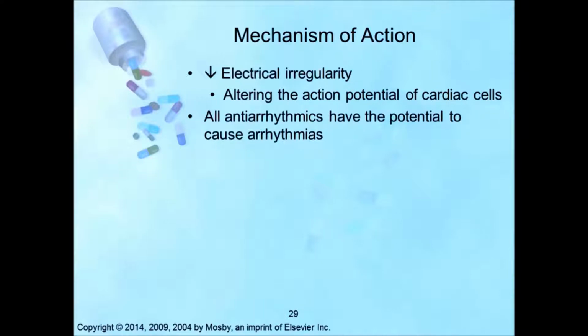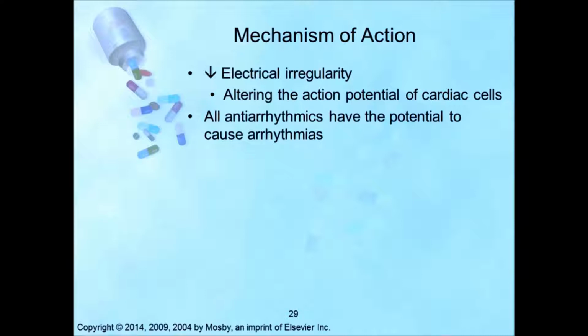Again, all antiarrhythmics have the potential to cause arrhythmias. The Class 1A drugs depress rapid depolarization or phase 0 of the action potential. Class 1B drugs exert less effect on sodium channels at rest but are more prominent during depolarization. So their effect on phase 0 is only slight. Class 1C drugs markedly depress phase 0 and profoundly slow conduction.